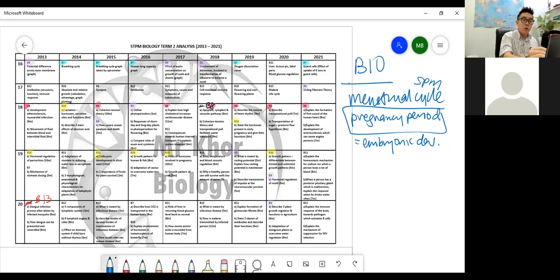So you have to know, of course, read through like menstrual cycle. Guys, embryonic development is important in terms of two things: the stages, and then the hormones.